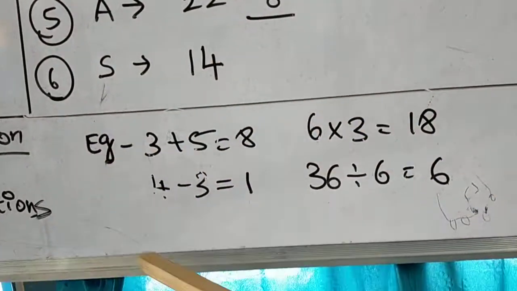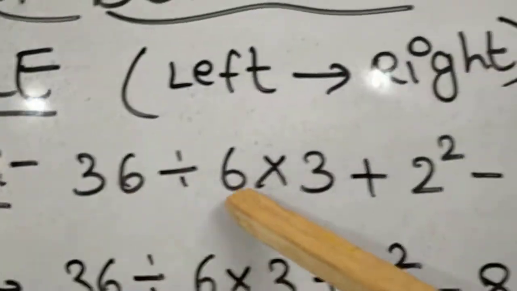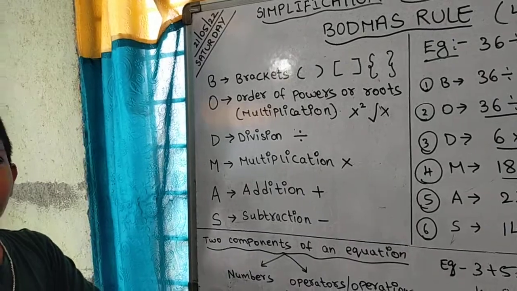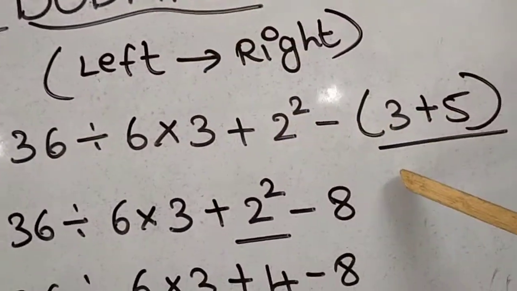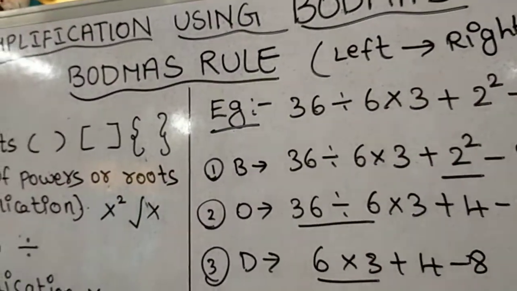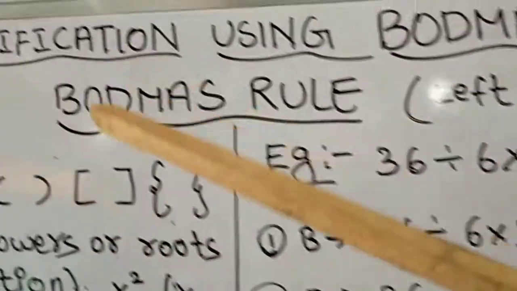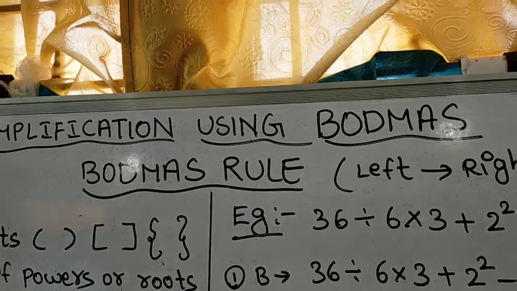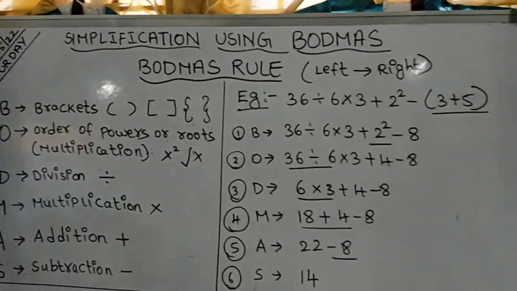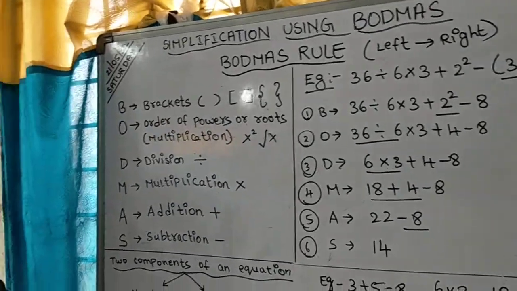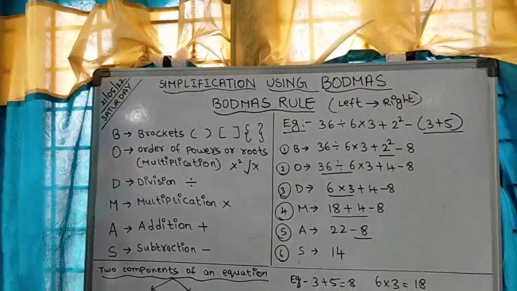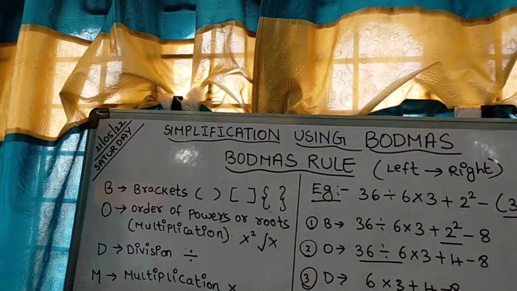But if all 4 are there in one expression, then how to do it? Which one to do first? Which one to do last? How to get the answer? Confusing, right? At that time we have one magical rule which makes our calculation easy, that is called Bodmas rule. Solving one arithmetic operation is easy, but when it involves all, it is trickier. But this trick we can solve by using Bodmas rule.